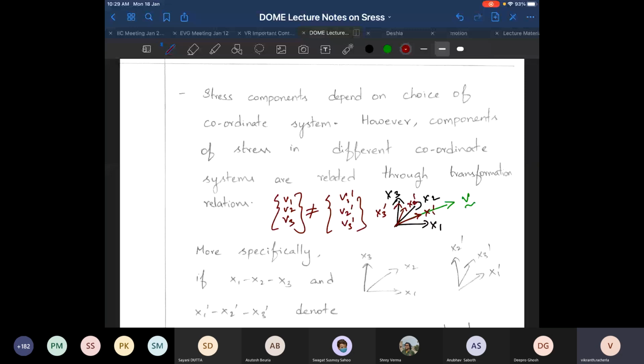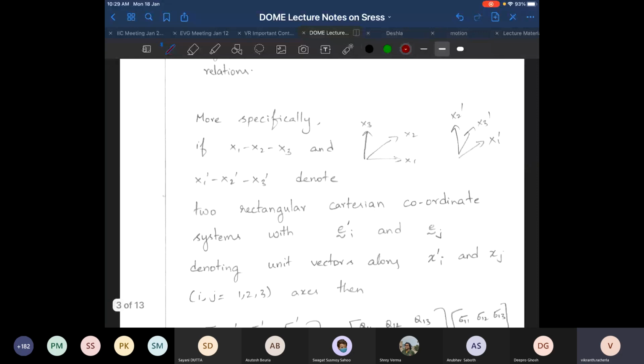Now, if the components depend on the coordinate system, there must be some relation relating the two sets of components. For that, you make use of something called transformation relations.